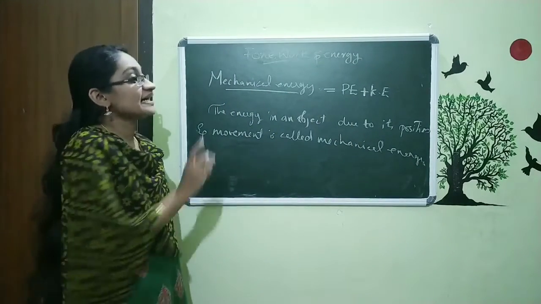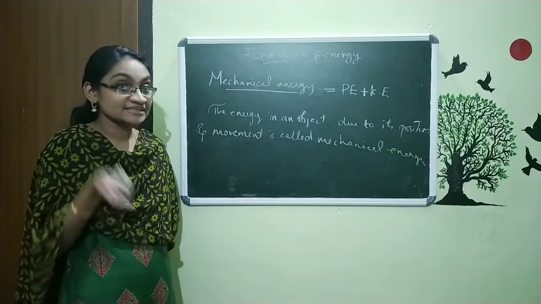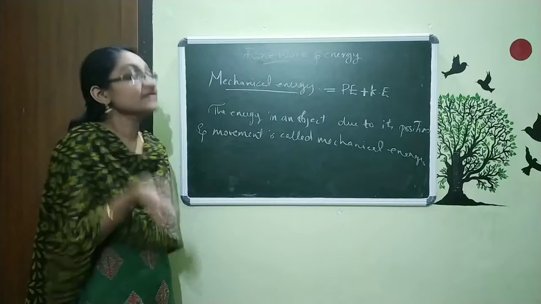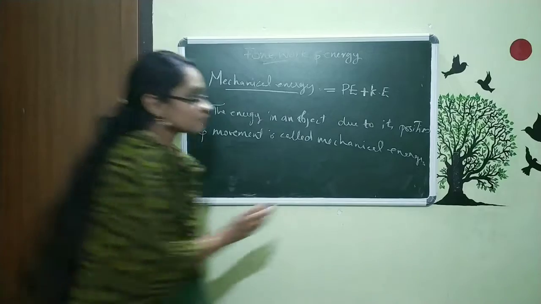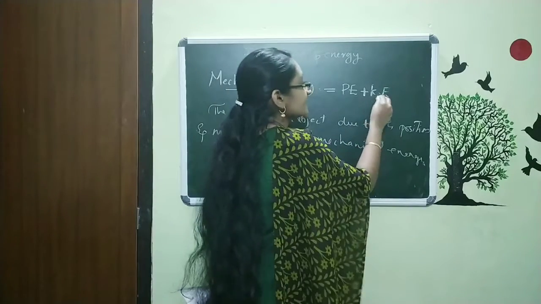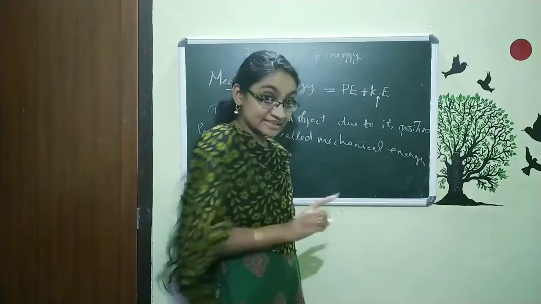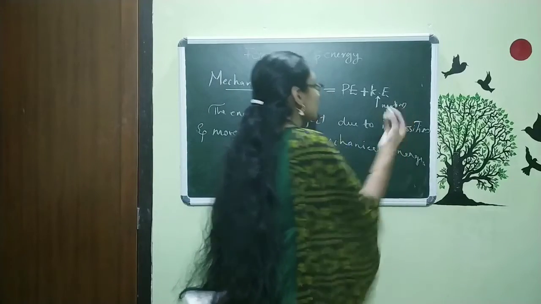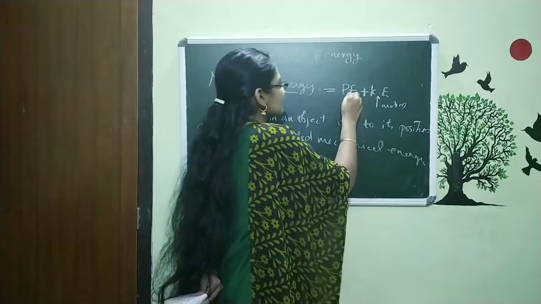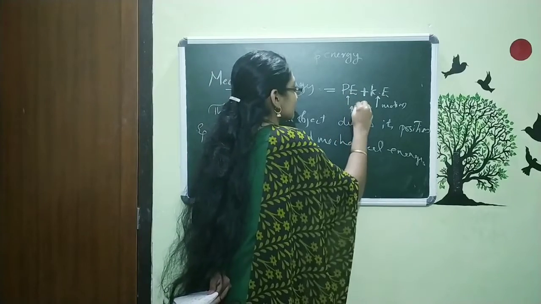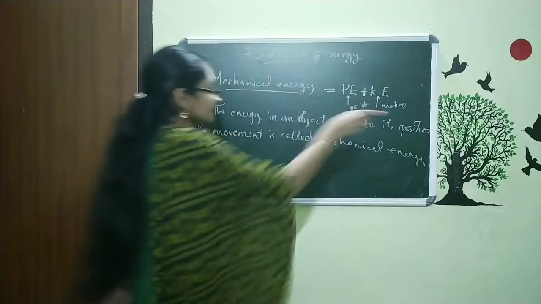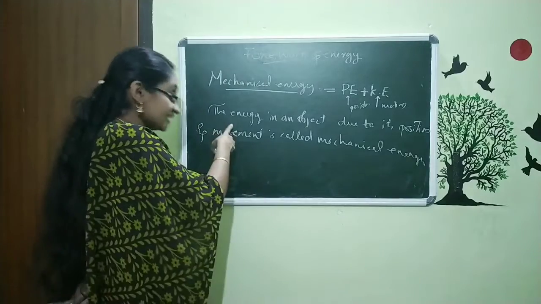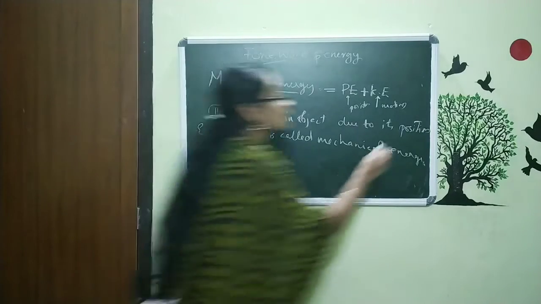I already said that this mechanical energy is the sum of potential energy and kinetic energy. For the kinetic energy, we said it is the energy by its motion or the movement, and here the potential energy is due to the position. So you can see within the definition that things we mentioned, the energy in an object due to its position.